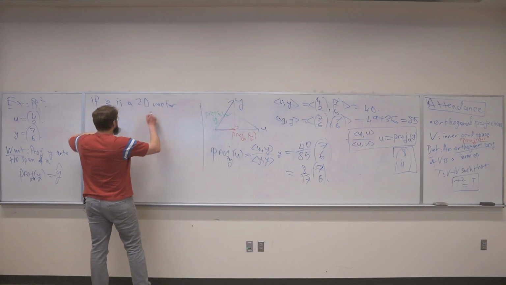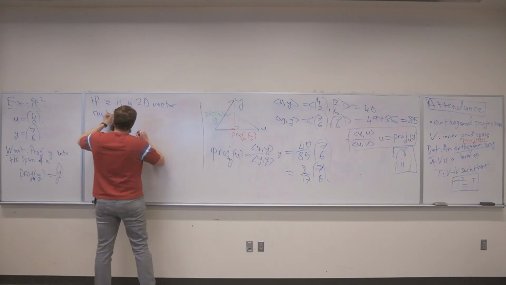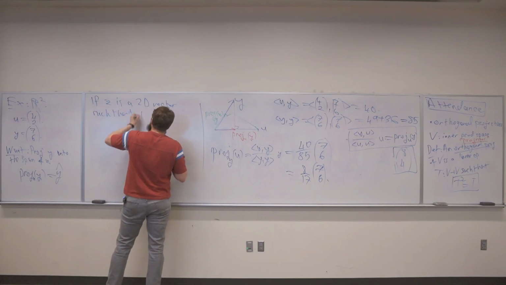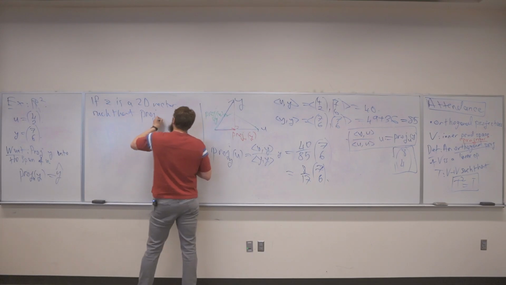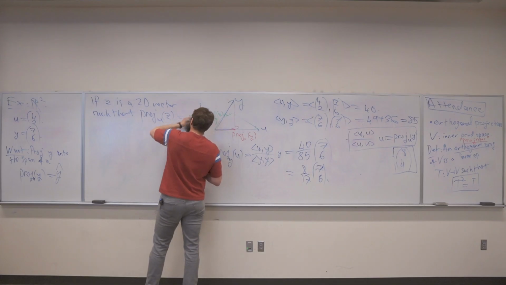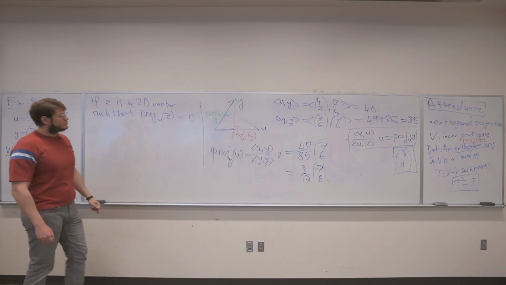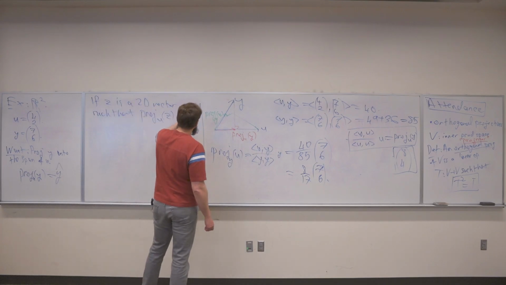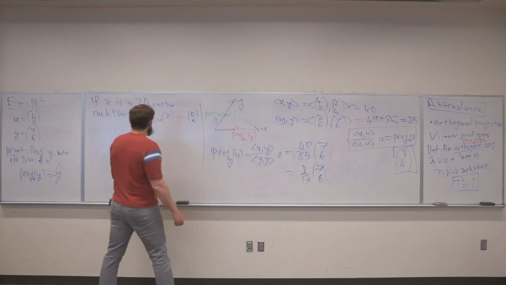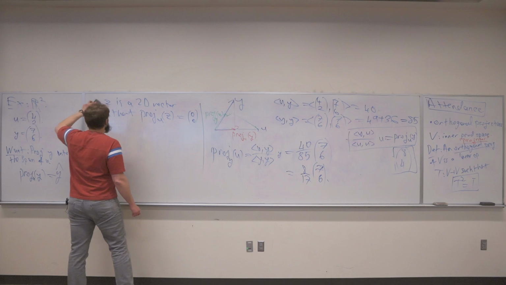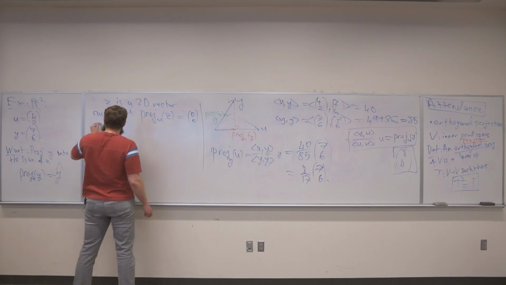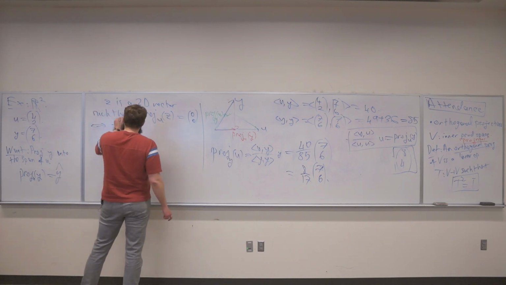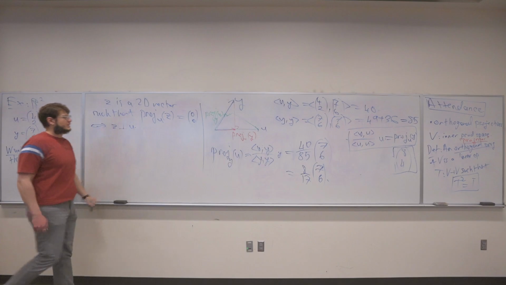If z is a 2D vector such that when projected onto U gives you the 0 vector, so 0, 0, then I can write it like this: z is a vector like this if and only if z is perpendicular to U. That's what I meant.